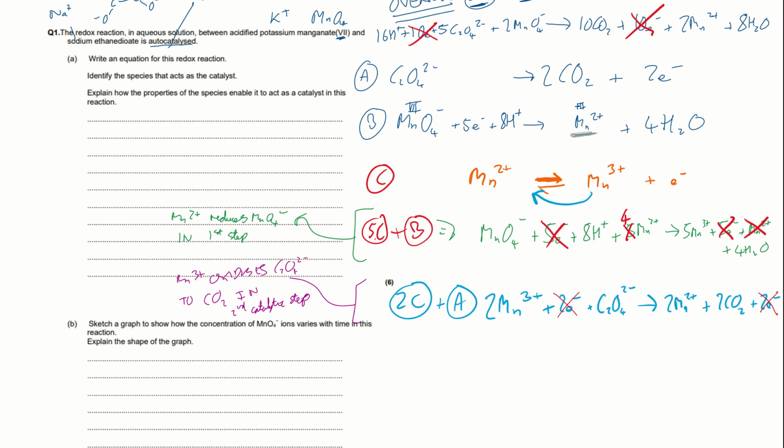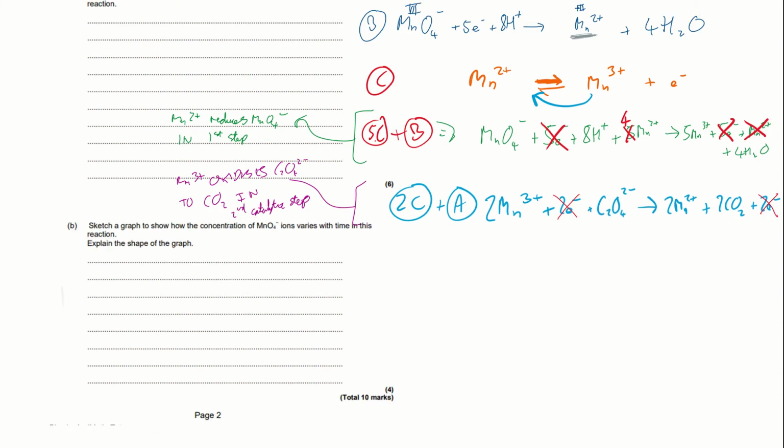If you're not writing out these equations, I've done it in a very equations way, maybe that's a bit overkill, but look at the mark scheme. You definitely want something about how the manganese itself gets oxidized in one step while it reduces the permanganate, and then gets reduced again in the other step when it oxidizes C2O4 2-. So that would be kind of what you're looking at there. But again, go and look at the mark scheme because that will hopefully be useful.